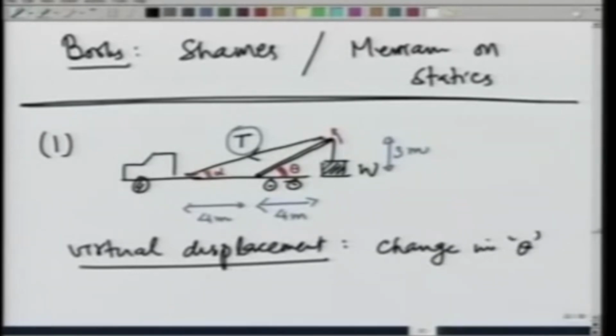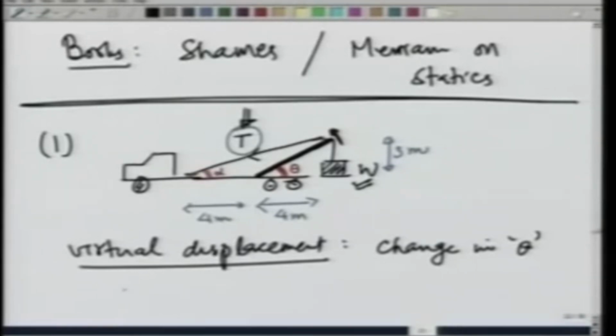and then calculate the work done by the external forces W, and notice in this case the external force tension is not a constraint force. The constraint force is the force provided by the shaft because of its rigidity. So, the work done by that is going to be 0, because the displacement is always going to be perpendicular to the shaft, and so we have to calculate work done by W as well as T, the tension, and make it equal to 0.